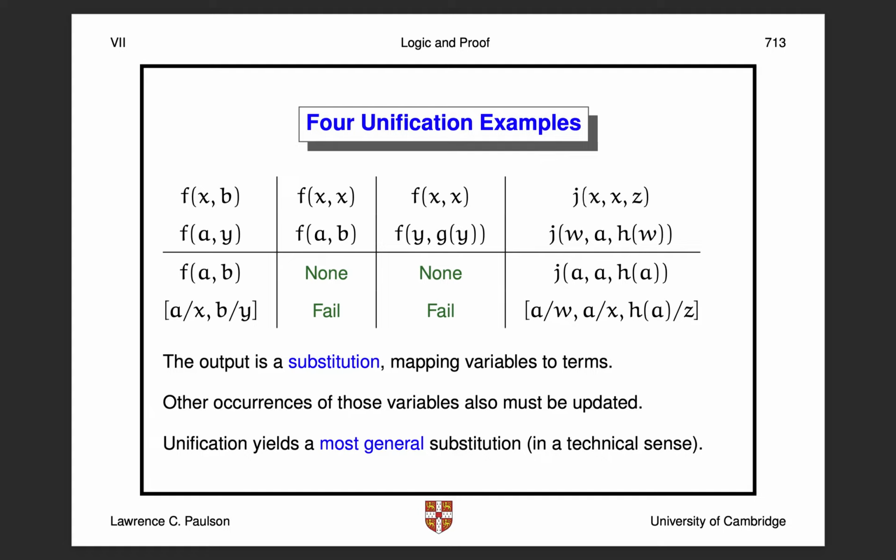That is called an occurs violation because y occurs in g of y. The occurs check turns out to be quite interesting in the Prolog language because it is a slow check to perform, which means that Prolog systems tend to ignore it, which means that sometimes your Prolog program can get into an infinite loop during unification, which is an embarrassing situation to find yourself in.